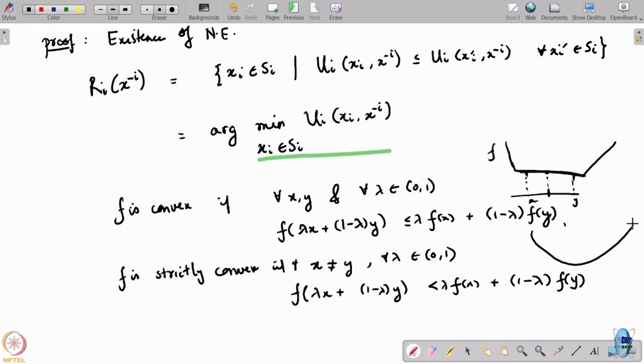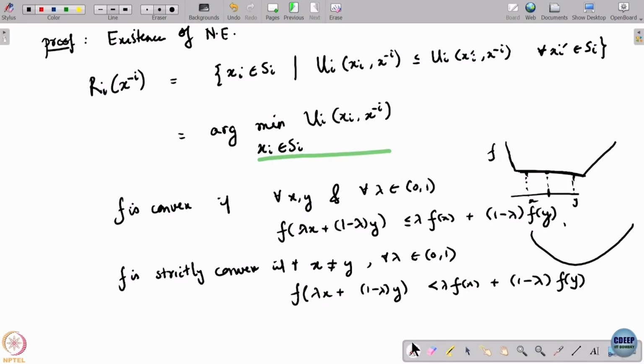Now, what it means is that once a function is strictly convex and you are minimizing it over a convex set, a convex optimization problem with a strictly convex objective over a convex set will have a unique solution. So, this argmin is going to be not a set, but a unique point, right.